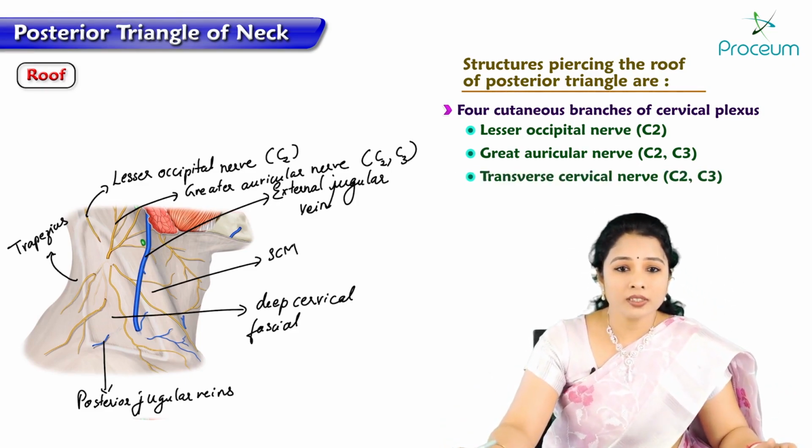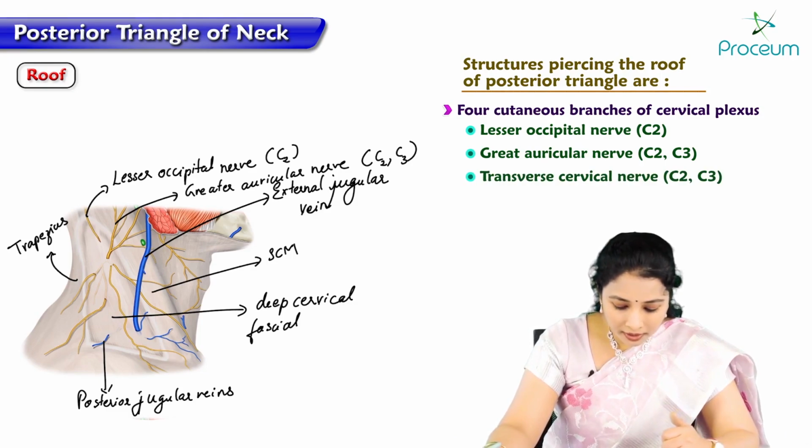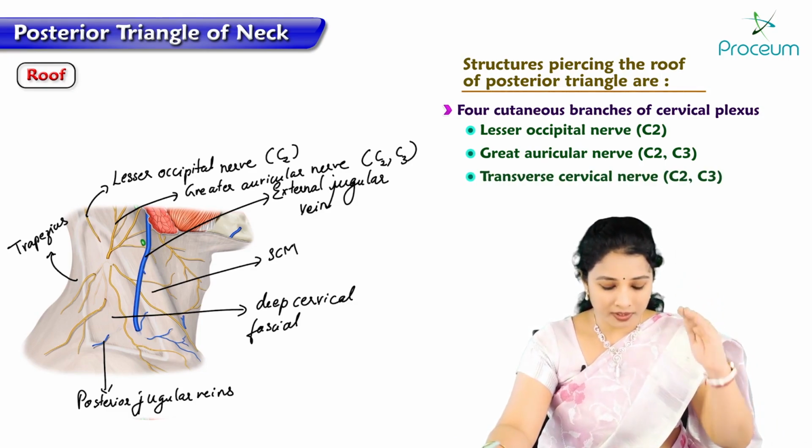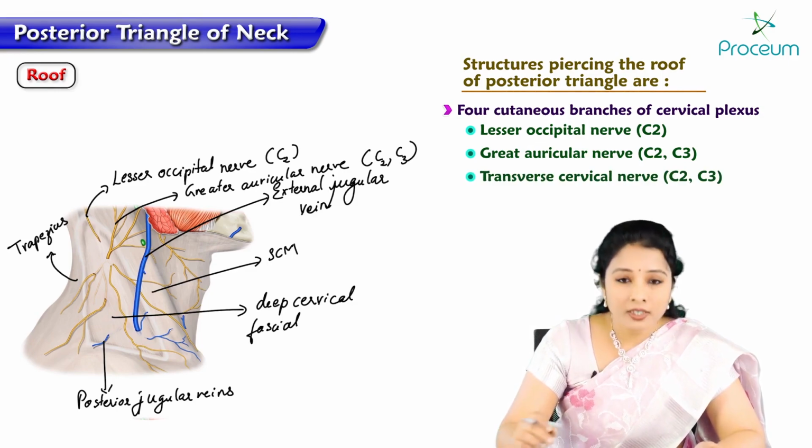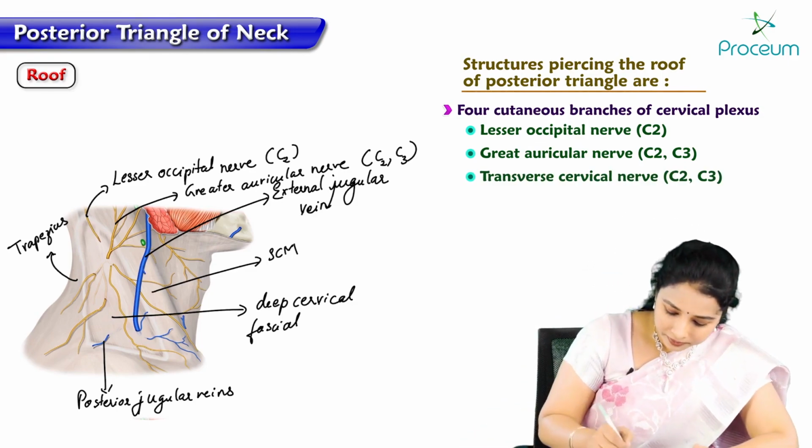Next is the transverse cervical nerve. Lesser occipital and greater auricular are ascending upwards. Transverse cervical nerve runs transversely in the neck.